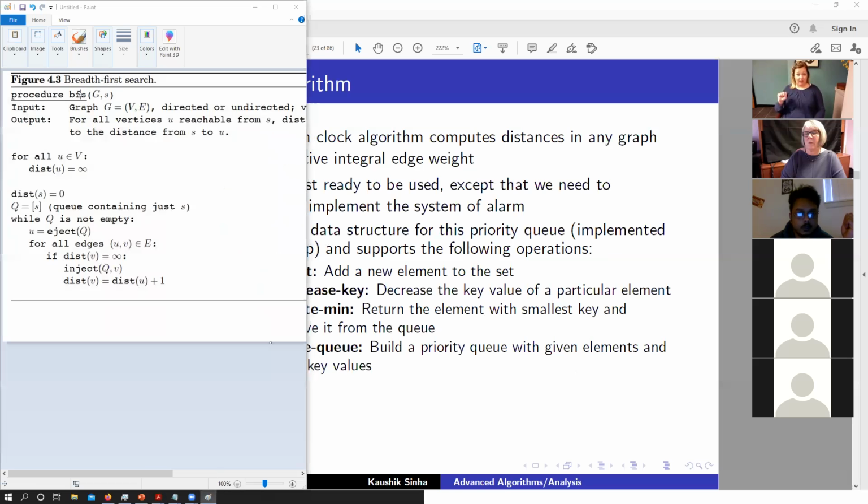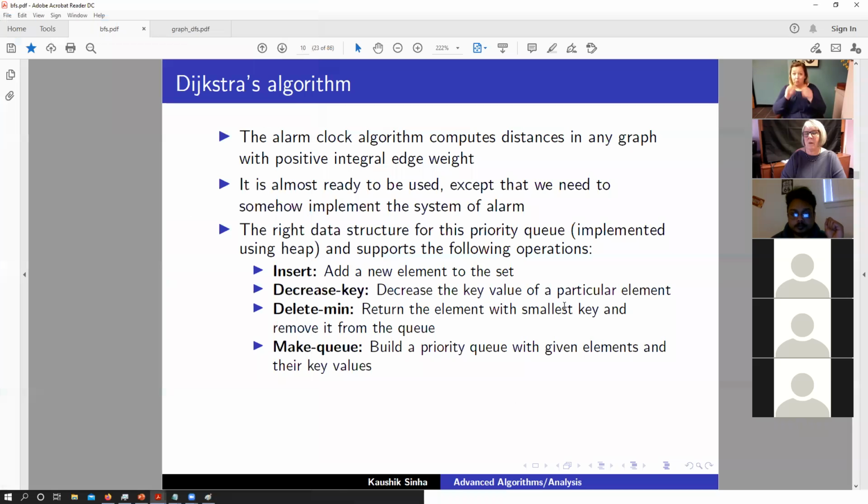We are still going to eject from our queue and then evaluate all of those vertices one by one. The queue is still the same, the algorithm is still the same. However, the behavior of this queue is slightly different because now we are going to make this into a priority queue, where just inserting elements into the queue is not enough. We also need to make sure that it is in sorted order, right?